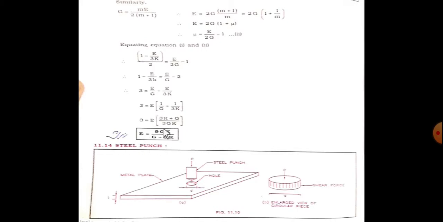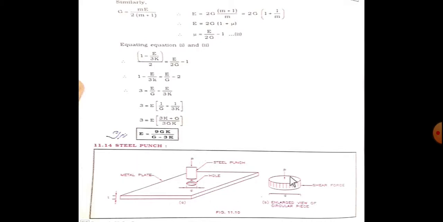So in elastic constants there are another three: the third one is modulus of rigidity, the second one is bulk modulus, and the first that we know is E, Young's modulus or modulus of elasticity. From these three we can derive the relation between them, and that equation must be memorized by us.